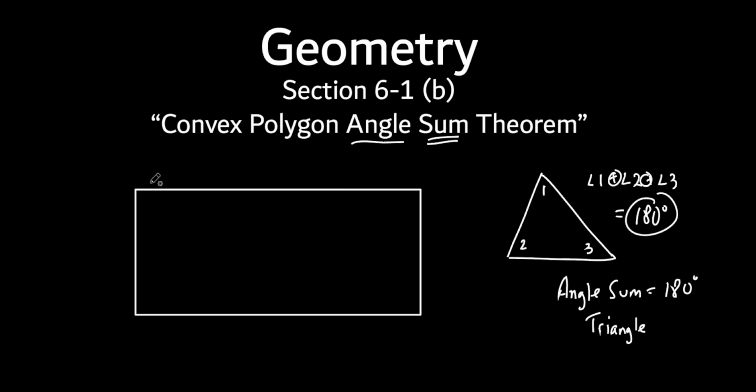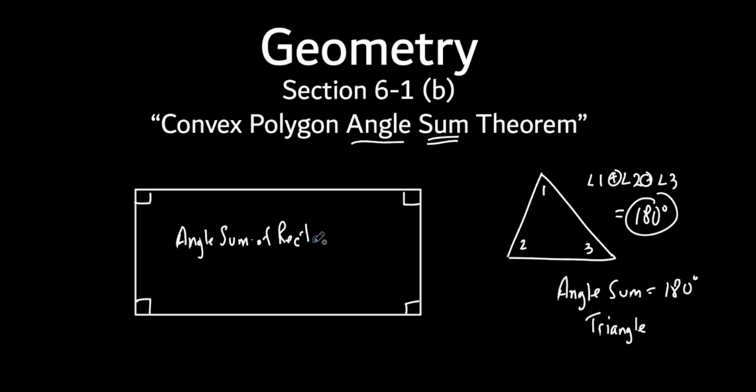Now, if this is a rectangle, it's pretty easy to figure out what the angle sum is. So if this is a rectangle, what's true about all four of these angles? Okay, they're all 90 degrees. It's true they're all the same, but more specifically, they're all 90 degrees. Agreed? All right. What if I asked you the angle sum of a rectangle?